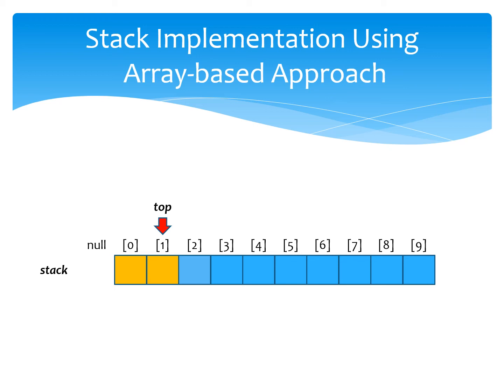When we perform the pick operation, we retrieve the element pointed by the top variable without changing the top variable. In this way, we can simulate a stack operation using an array.